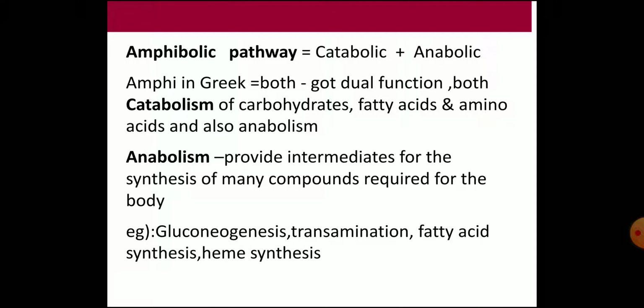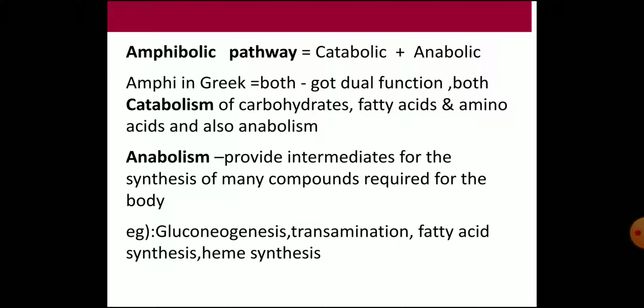Amphibolic pathway, that is both catabolic and anabolic. Amphi in Greek means both. It has got a dual function, both catabolism of carbohydrate, fatty acid and amino acids, and also anabolism occurring. What is anabolism? It is providing intermediates for the synthesis of many compounds required for the body.